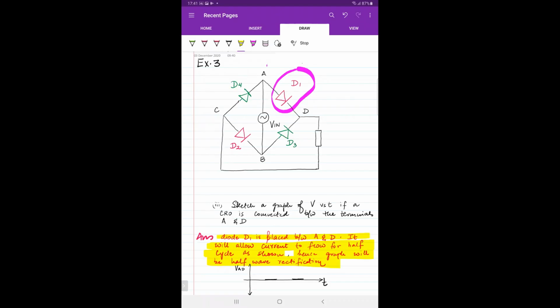Therefore, you should expect the waveform on the CRO to resemble the shape of a half wave rectification. So for diode D1, since it only conducts for half of the time, you would expect the shape of the graph to be that of a half wave rectification, something along these lines.